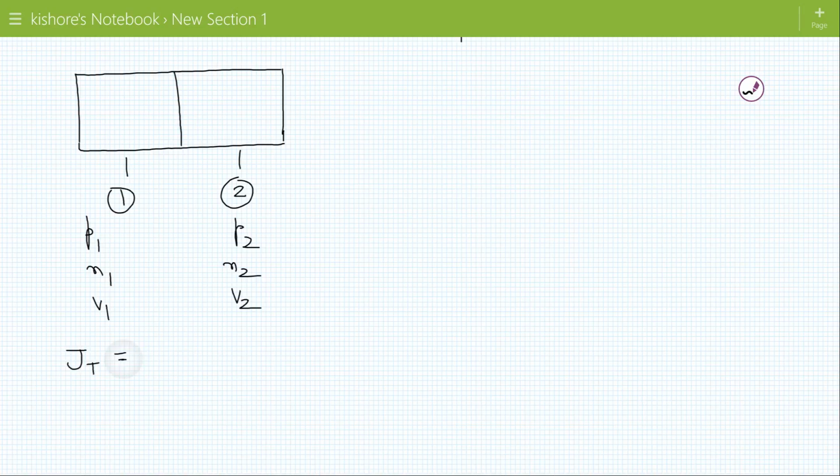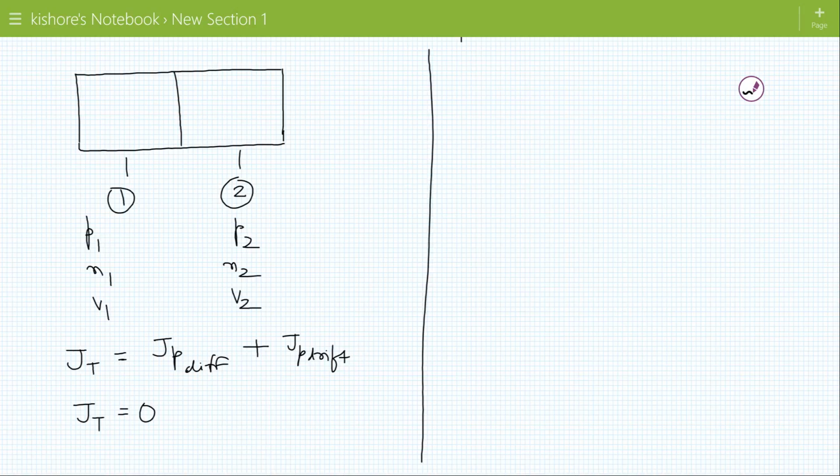Here total current, I am considering the current due to holes only first, and then we will derive the condition for electrons also. Total current is hole diffusion current plus hole drift current. Because of no external connections, total current has to be 0. So this is 0.